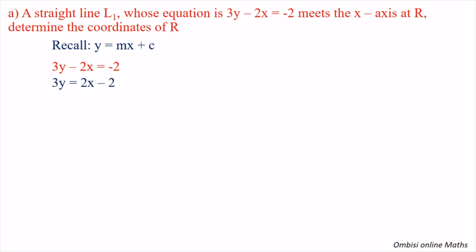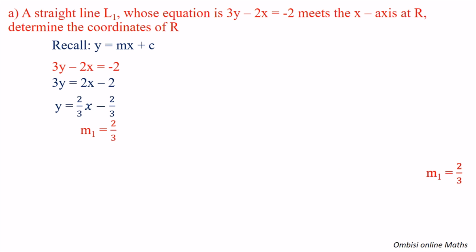Divide both sides by 3 and you end up with y equals 2 over 3 x minus 2 over 3. Now from this equation of a line, we can affirm that the gradient m1 is 2 over 3. So this gradient, we will place aside and use it later on.